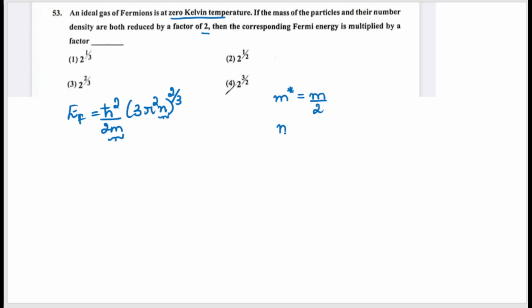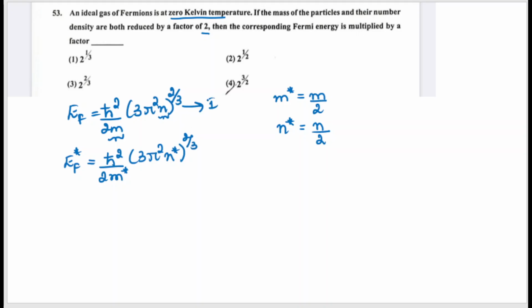Initially the number density is n, the new number density n star will be n by 2. Now EF star, which is what we want, is given by h cut square divided by 2 times m star into (3 pi square n star) to the power of 2 by 3.